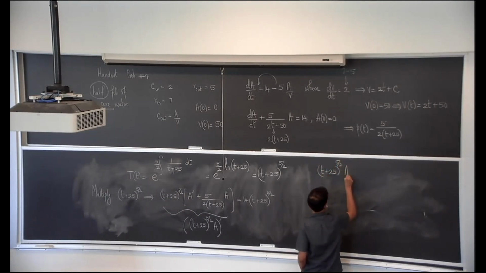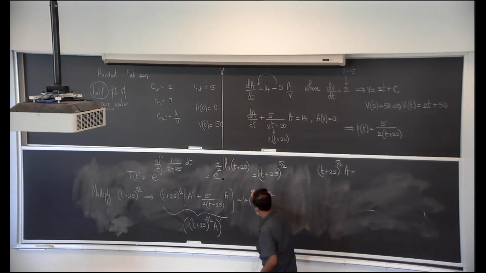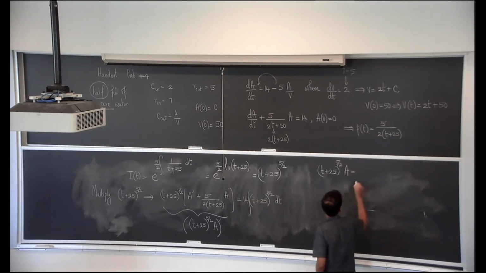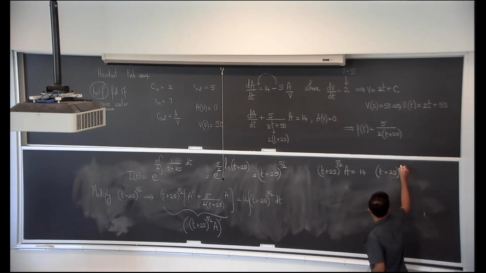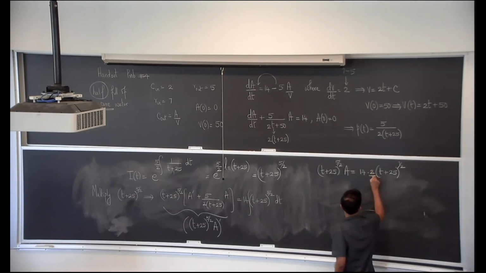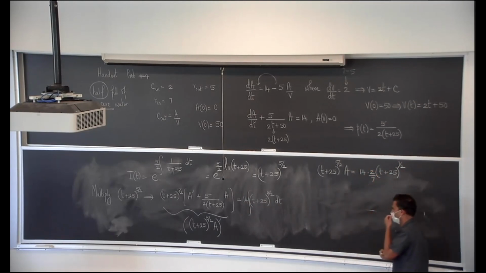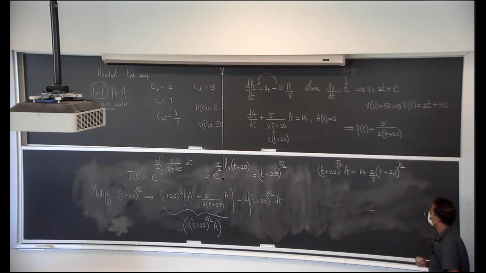Times A equal to the integral of this with respect to t would be 14 times t plus 25 to the power of 5/2 plus 1 is 7/2, divided by 7/2, that's going to be times 2/7, plus c.